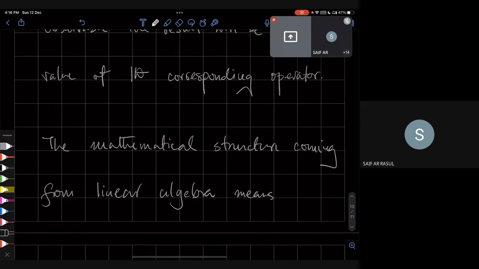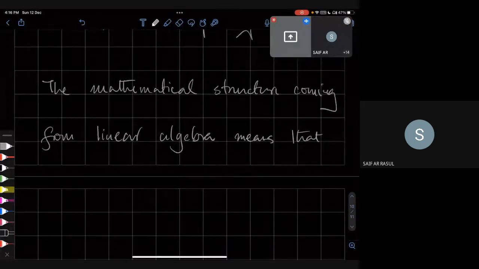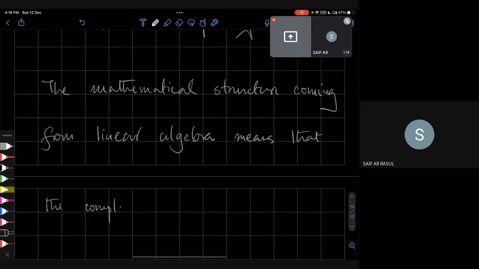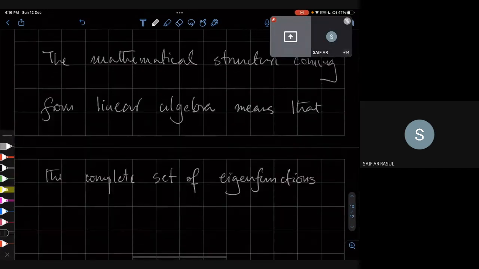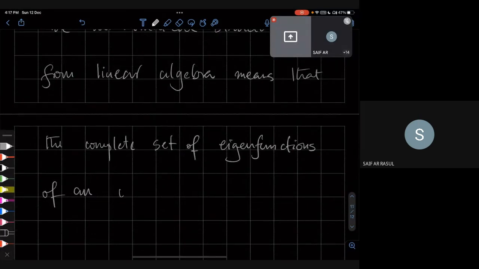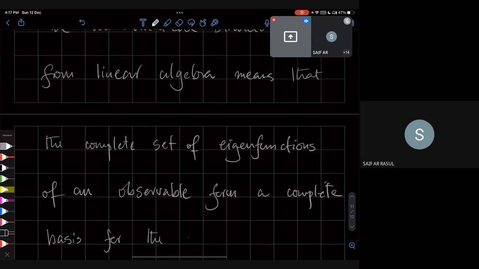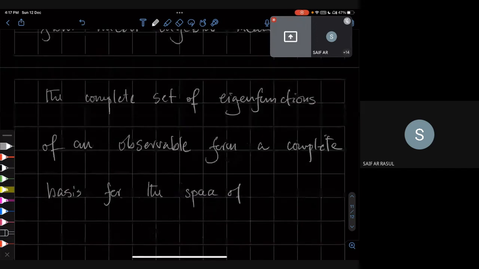It means that the complete set of eigenfunctions of an observable forms a complete basis for the space of wave functions.